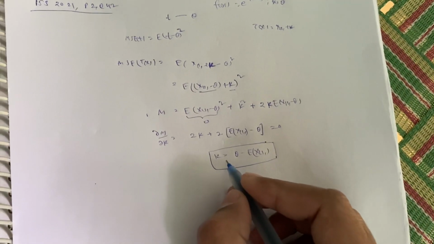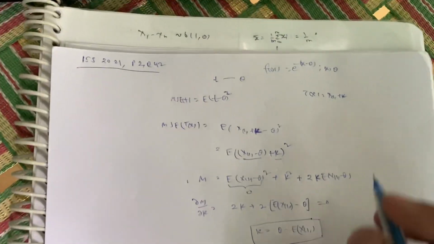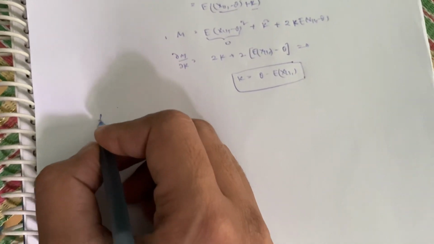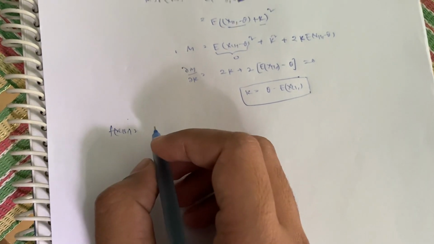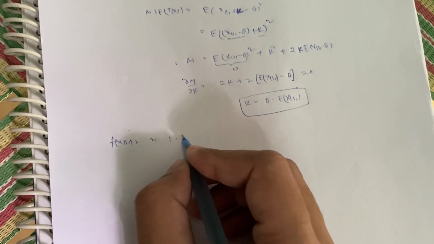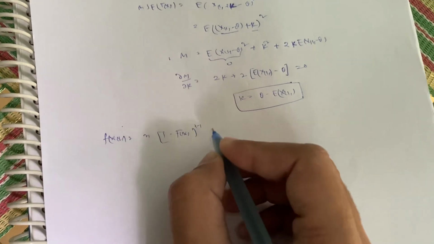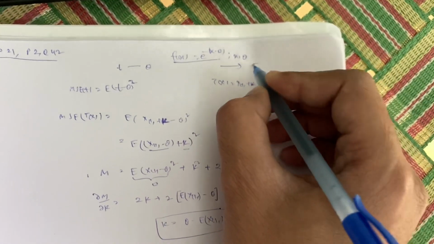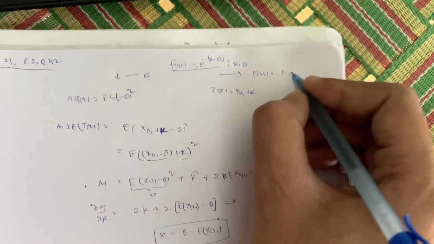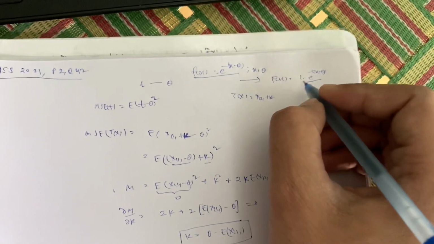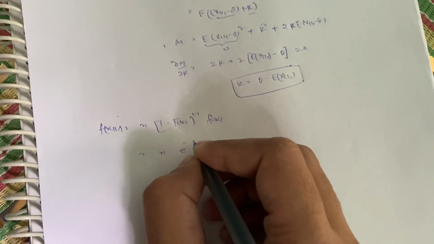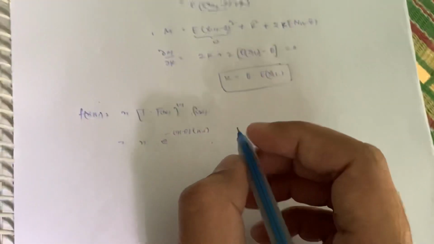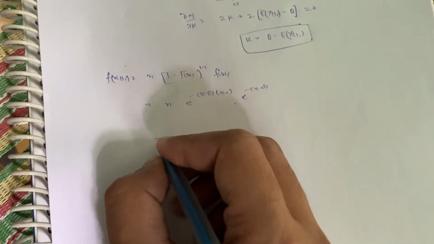So to find the value of k, we need to find the expectation of X(1). The density function of the lowest order statistic is given by the formula n times (1 minus F(x)) to the power n minus 1, into small f(x). So here the distribution function gives us e to the power minus (x minus theta) raised to n minus 1, and the density function is e to the power minus (x minus theta).